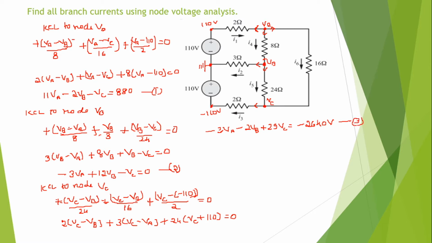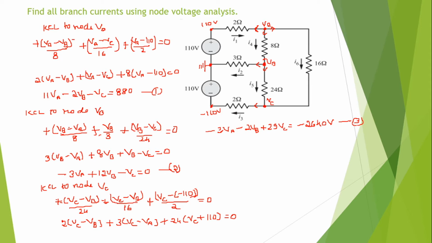Now equations 1, 2 and 3 have 3 unknowns VA, VB and VC. If we solve these, we will get VA, VB and VC. Okay. Now we will find VA, VB and VC.